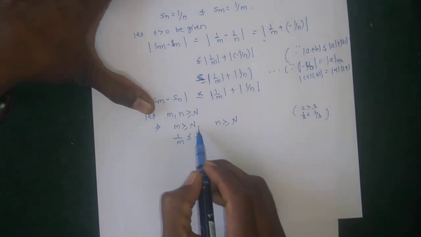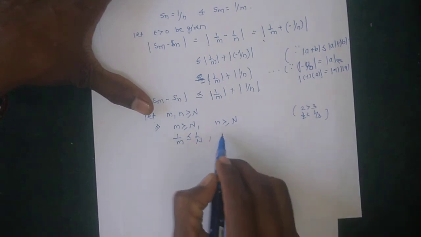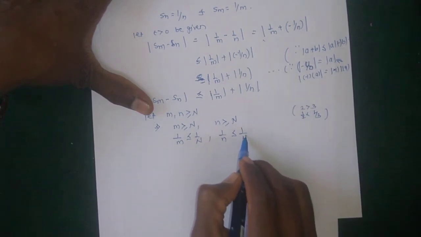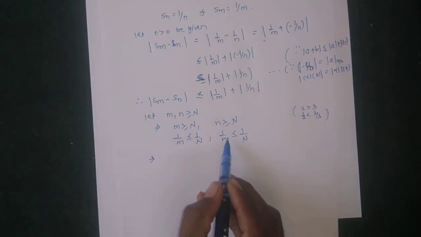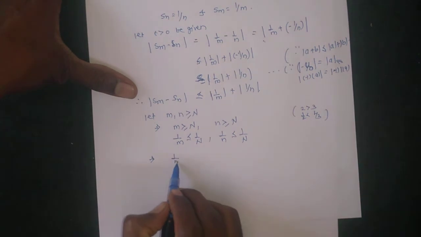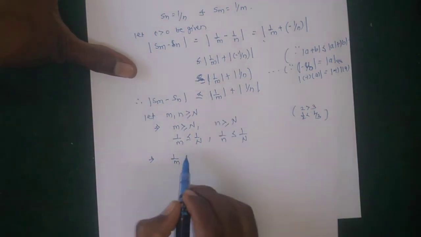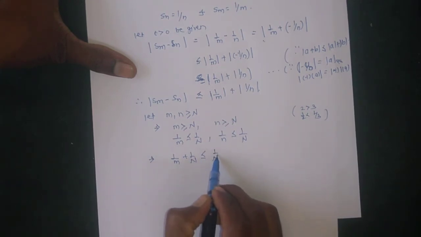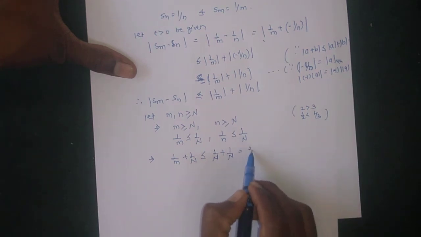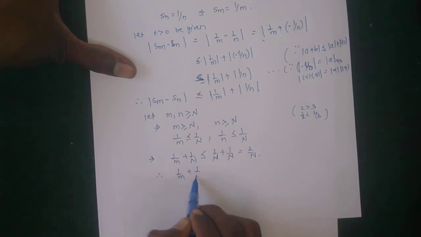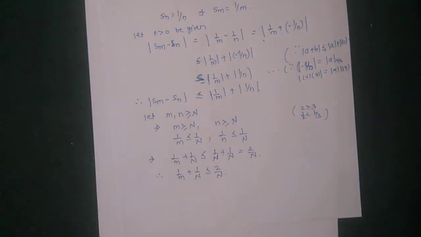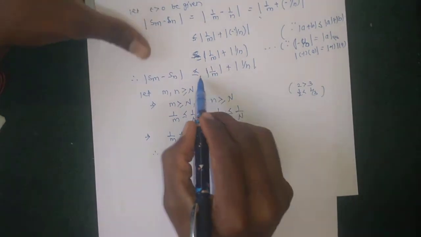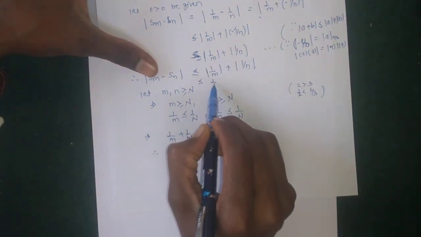In this way, since m is greater than or equal to N, 1 upon m is less than or equal to 1 upon N, and also 1 upon n is less than or equal to 1 by N, which implies that 1 by m plus 1 upon n is less than or equal to 1 upon N plus 1 upon N, which is equal to 2 by N. Therefore 1 upon m plus 1 upon n is less than or equal to 2 by N.